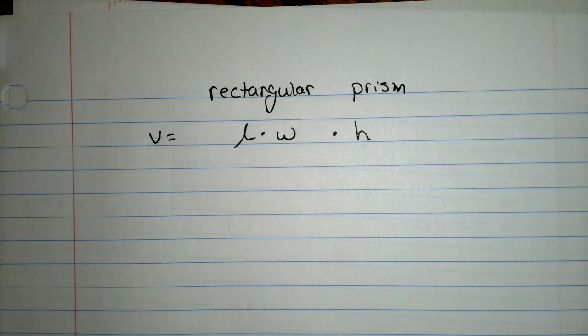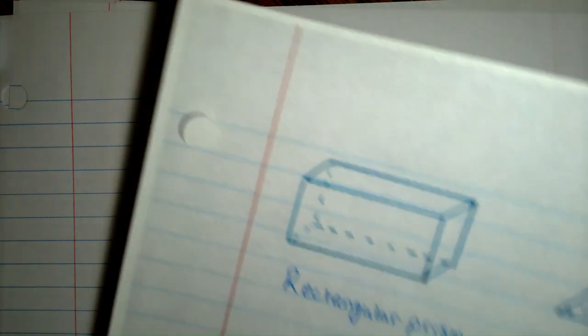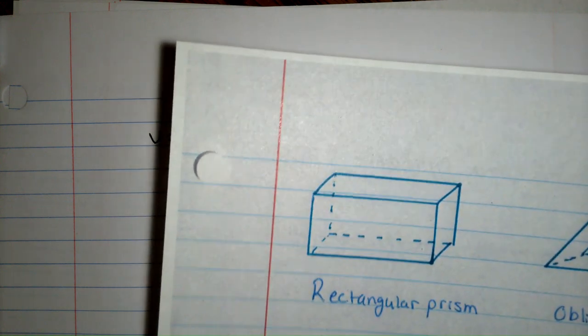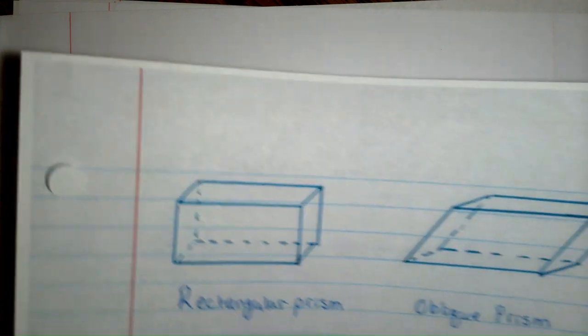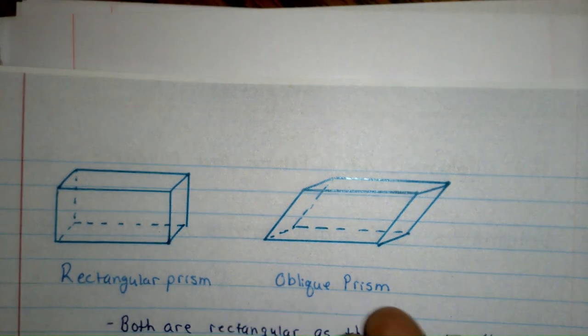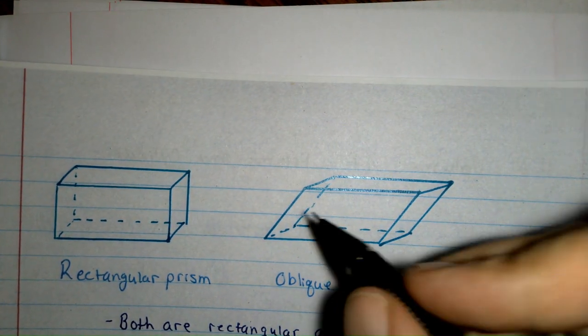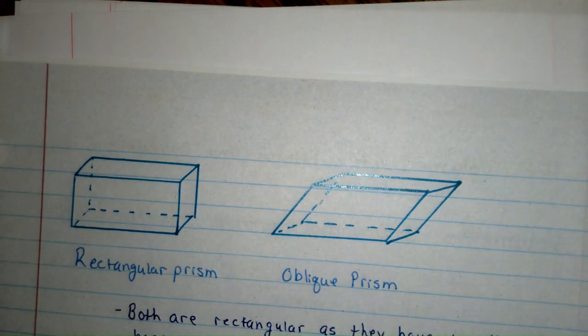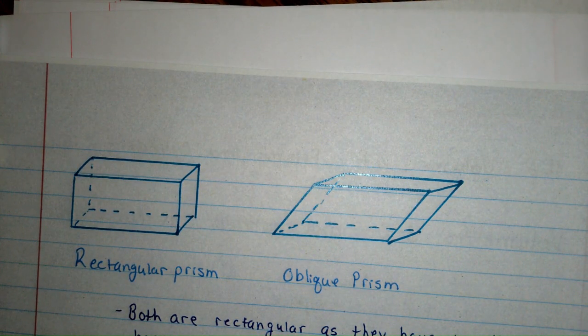Now, I'm not the best artist in the world, so I need to make sure we understand something moving forward. This is a traditional rectangular prism. It looks like a box. This is an oblique prism. It's no longer rectangular. But we find the area and the volume the same way.